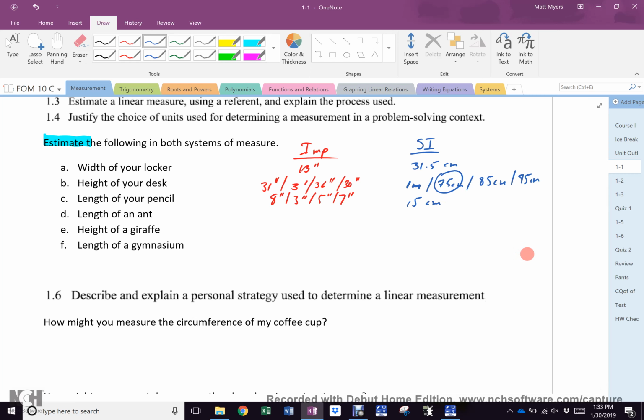All right, what do you got? 1/4 inch? 1/4 inch. 1/2 inch. Okay, and some SI ones? 3 millimeters. Centimeter.